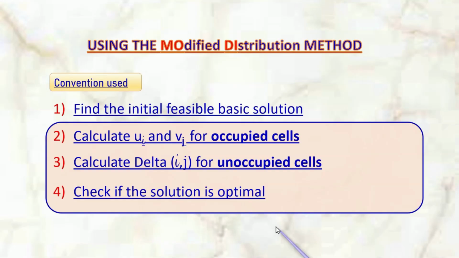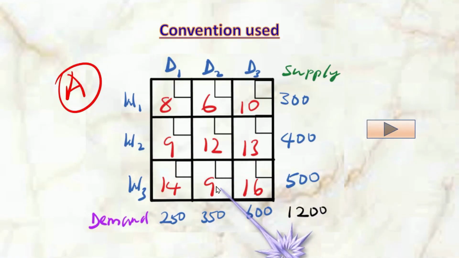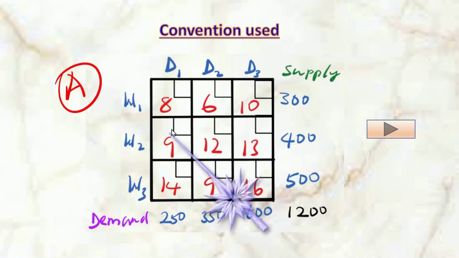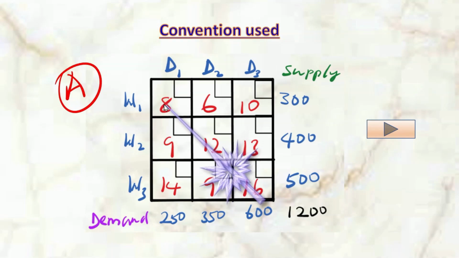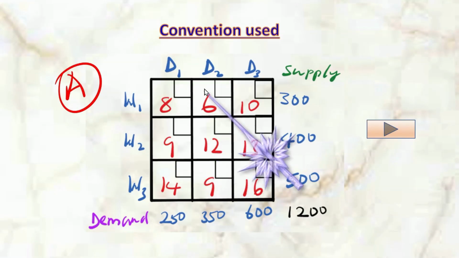Now, first of all, before we start, let's look at the convention used. Some authors write the unit cost of transportation in the bigger box, and they write the allocations in the smaller boxes.